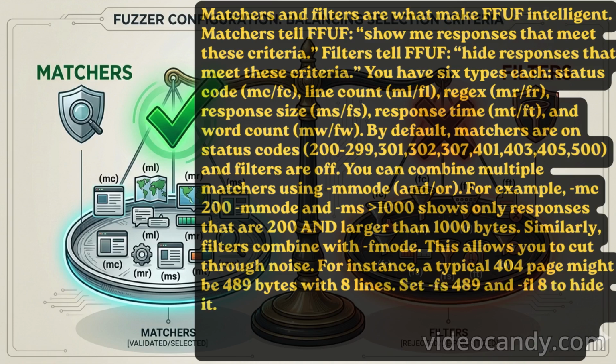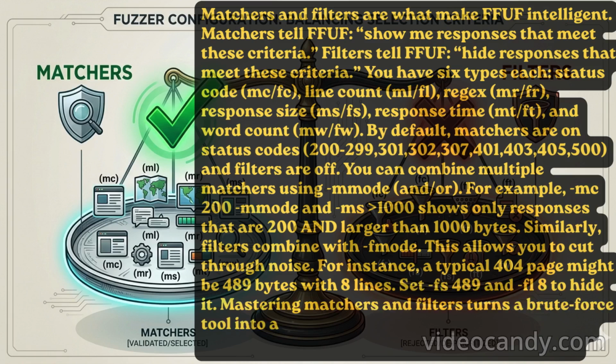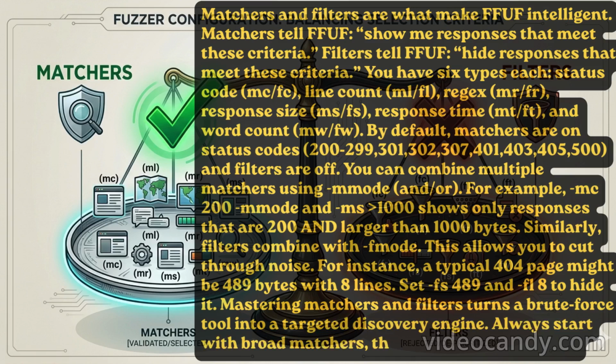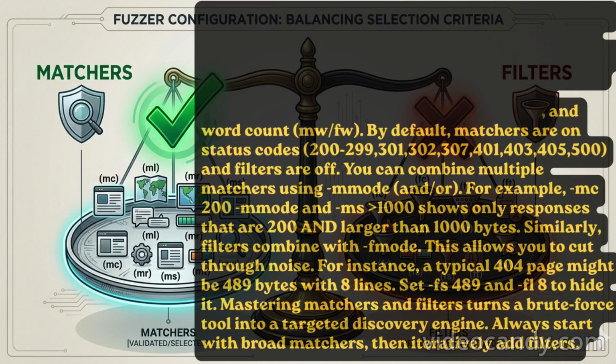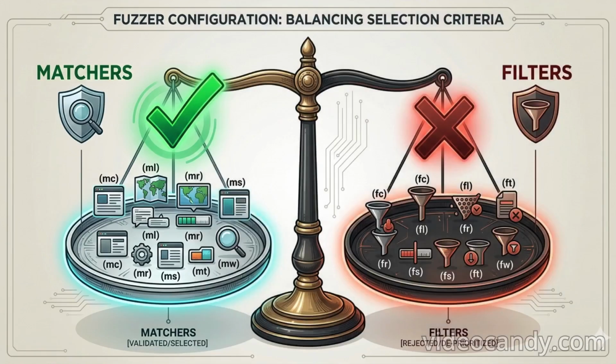For instance, a typical 404 page might be 489 bytes with 8 lines. Set -fs 489 and -fl 8 to hide it. Mastering matches and filters turns a brute force tool into a targeted discovery engine. Always start with broad matches, then iteratively add filters.